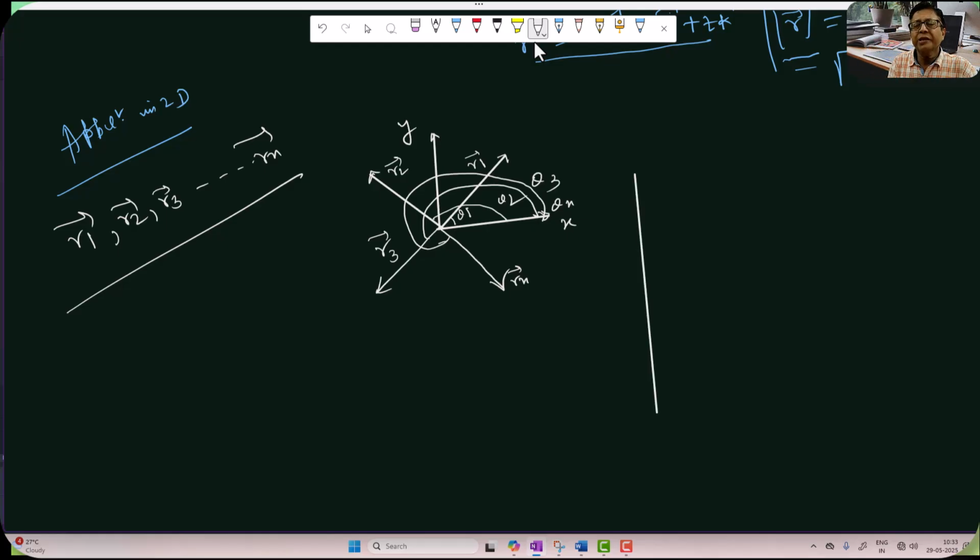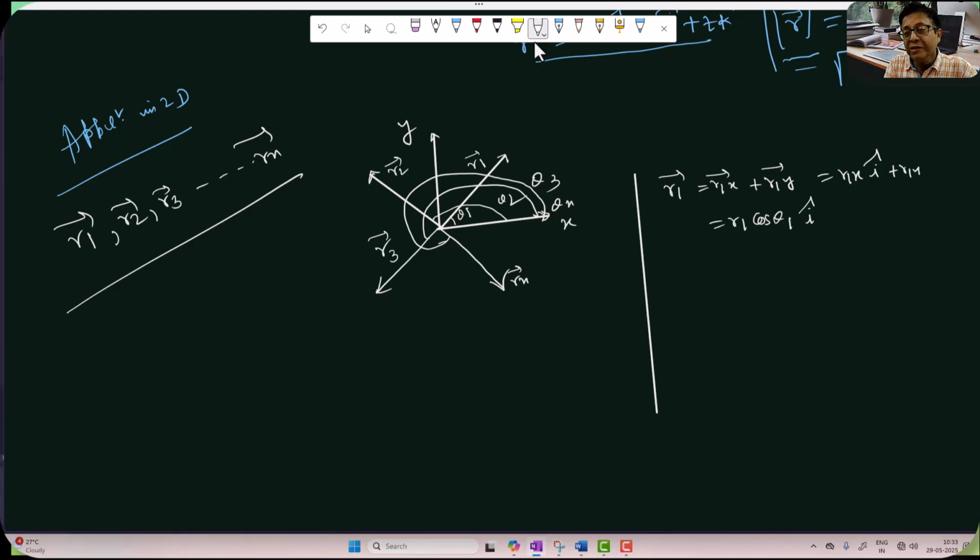What we will do here, you will find the component of each vector along the coordinate axes. Let me write the vector R1 in terms of its components. It is R1x plus R1y. What is R1x? R1 cos theta 1 i cap.